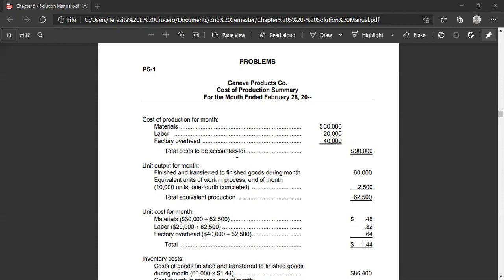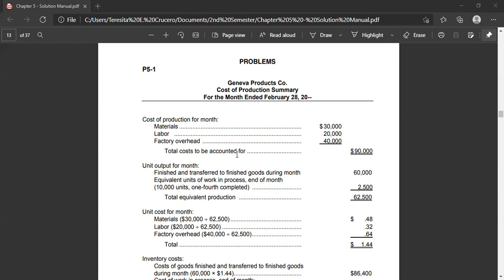So we have 2,500 units. The total equivalent production is 62,500 units.